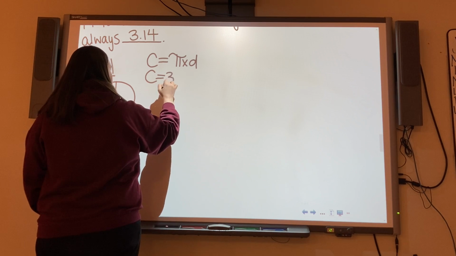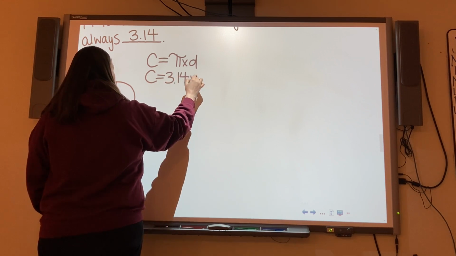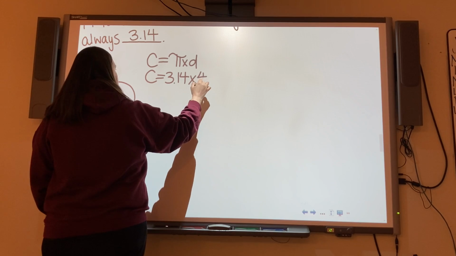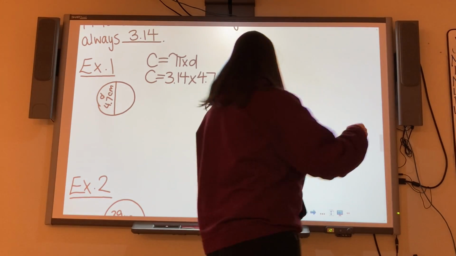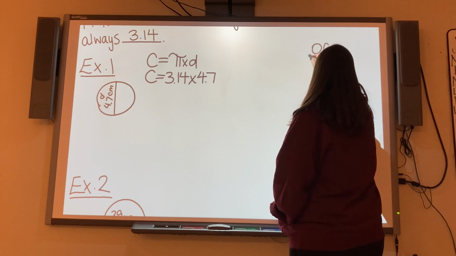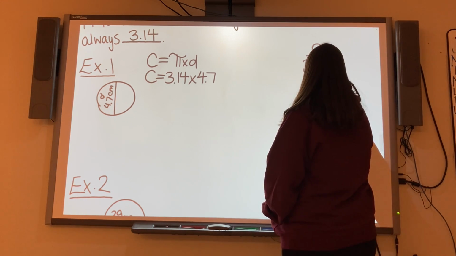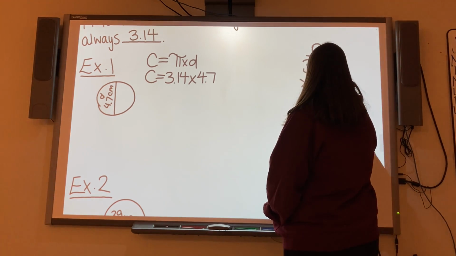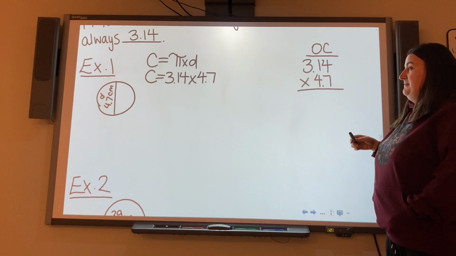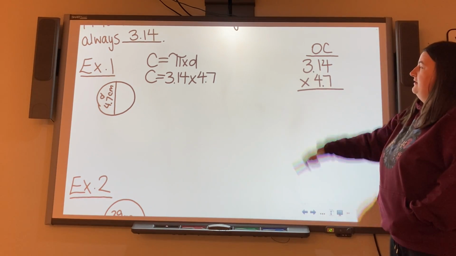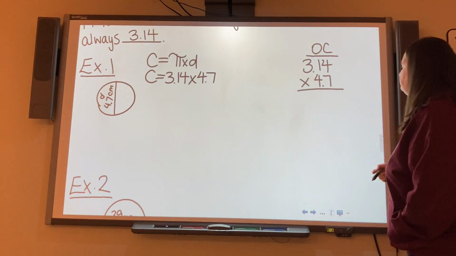Circumference equals 3.14 times 4.7. I take those numbers and I do an outside calculation. 3.14 on top times 4.7 on the bottom. It doesn't matter, remember, you want the one with the longer number on the top.